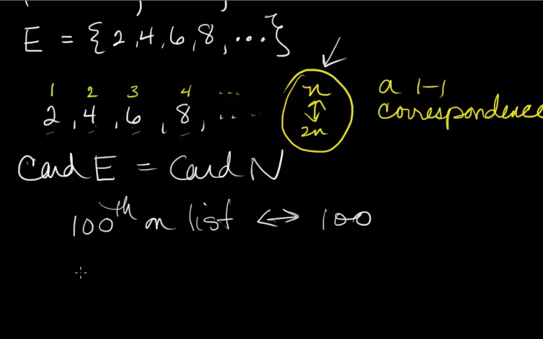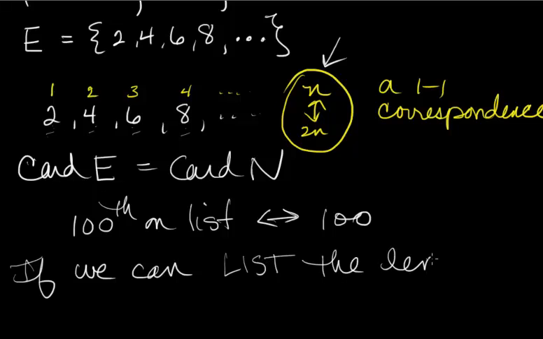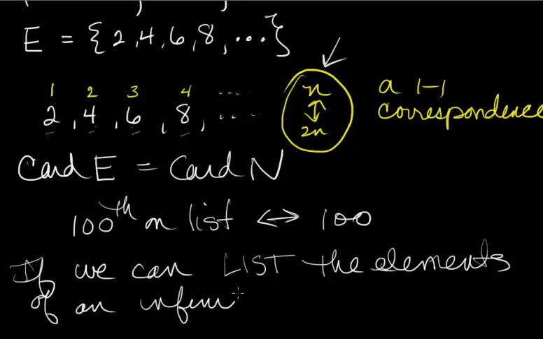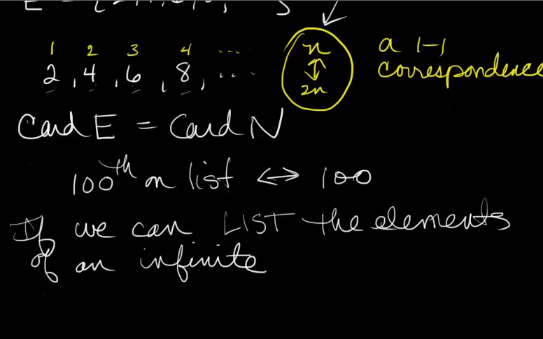If you can list an infinite set, let's write this down. If we can list the elements of an infinite set, the very fact that we can list it sets up a one-to-one correspondence.